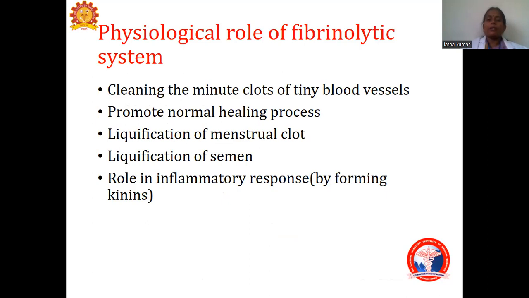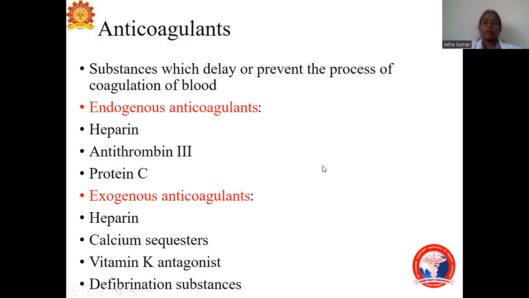Cleaning the minute clots of tiny blood vessels, promoting the normal healing process, liquefaction of menstrual clot, liquefaction of semen, and role in inflammatory response. Because of these fibrin degradation products, the fibrins are split, which cleans the minute clots of the tiny blood vessels and promotes the normal healing process.